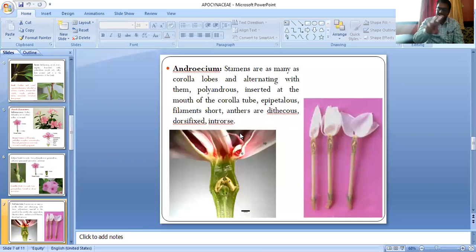They are dithecous, meaning a two-celled structure, and they are included, meaning at maturity the anthers remain inside the flower. That is included anther.